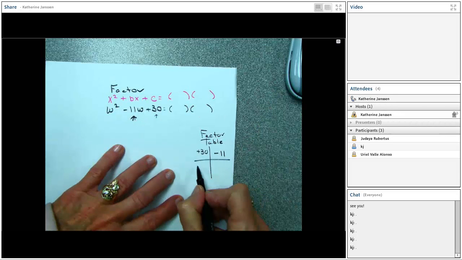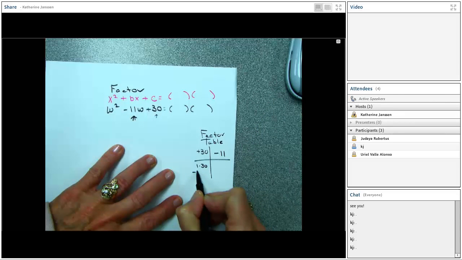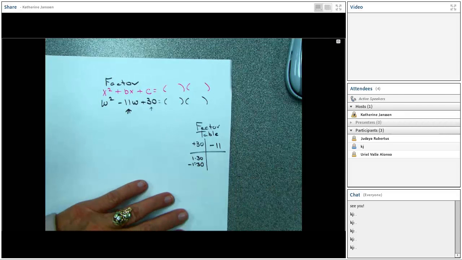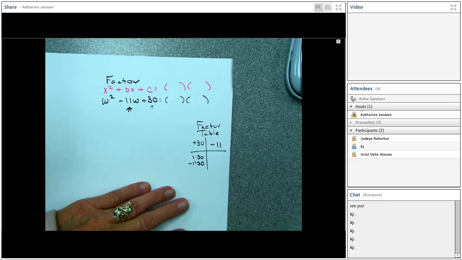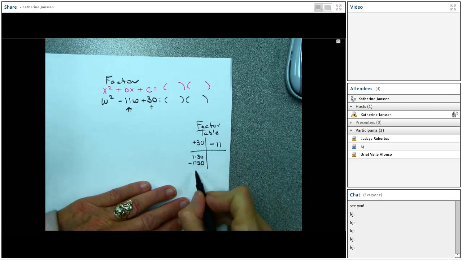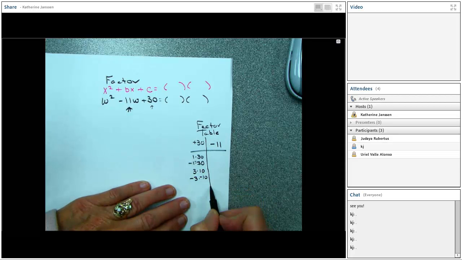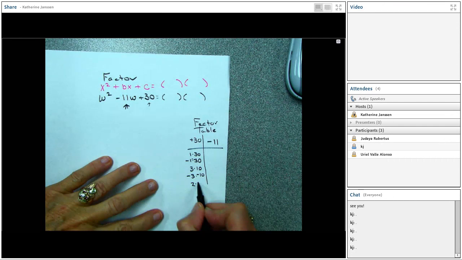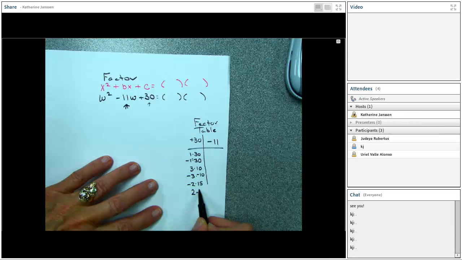So now our factor pairs: I have 1 times 30 and negative 1 times negative 30. 3 times 10, negative 3 times negative 10. 2 times 15, I guess. 2 times a negative 15.